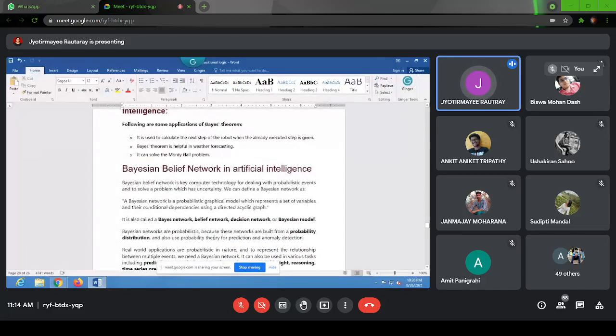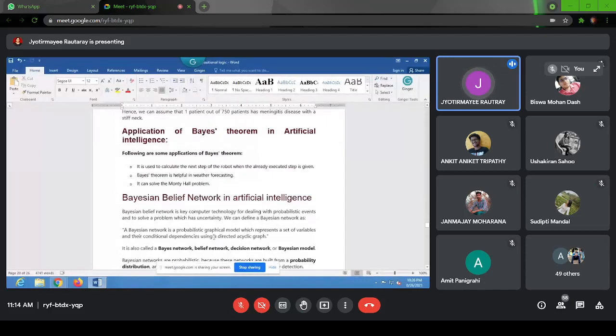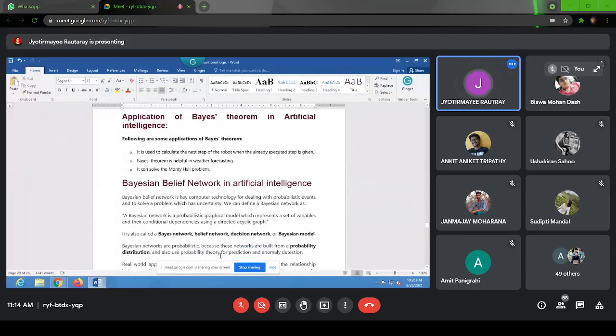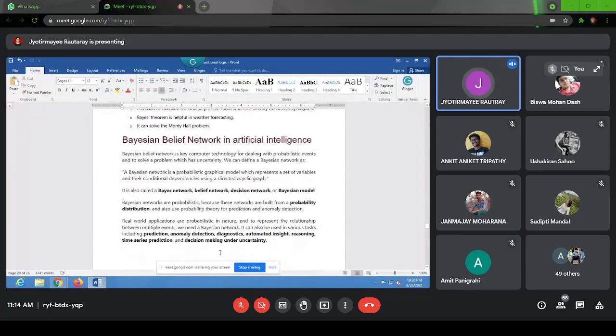Listen, another way of representing this is the Bayesian belief network. As we know, a network is a combination of some nodes, and a relationship between node and node must be there, indicating that some node is the parent of another node.